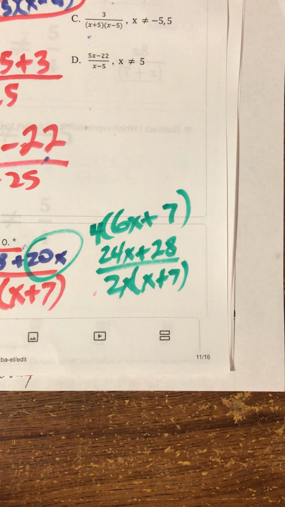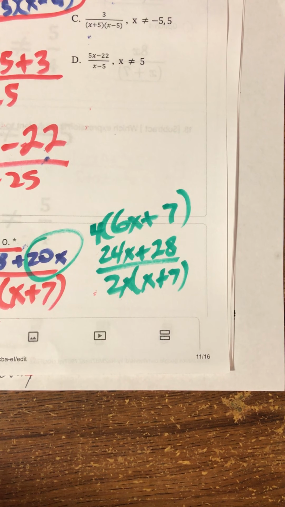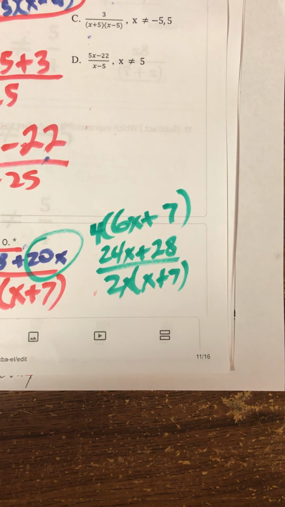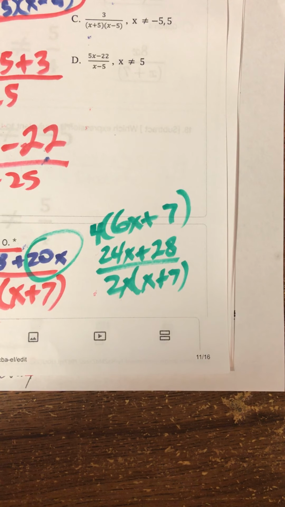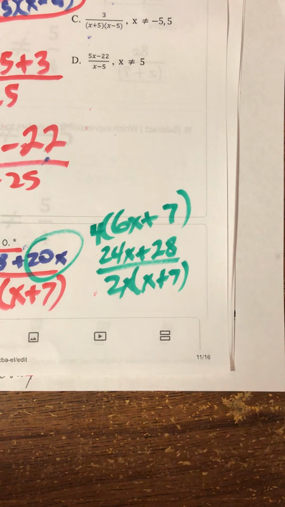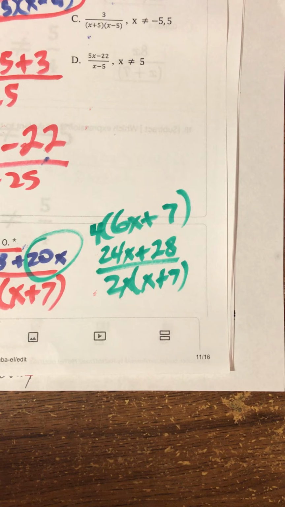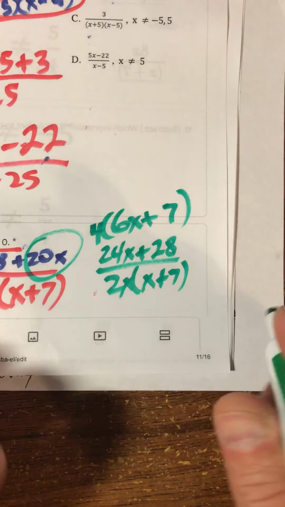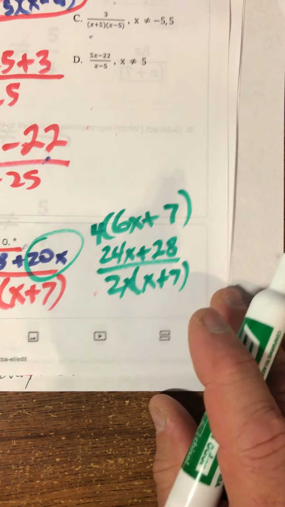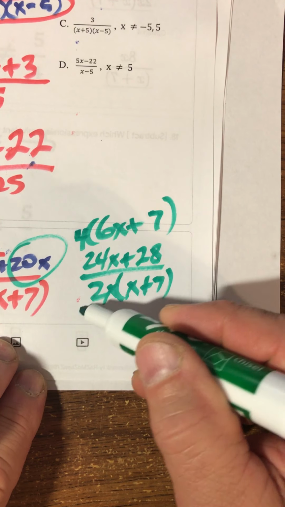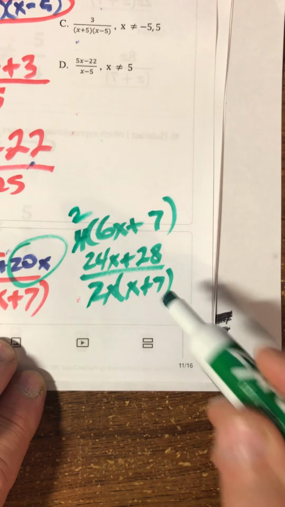Well, let's take a look at this. Now we know 2 goes into 4 2 times.